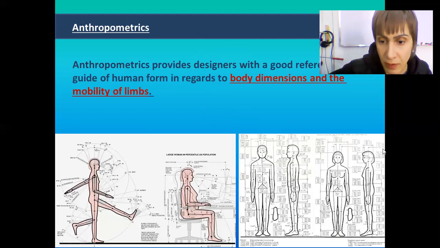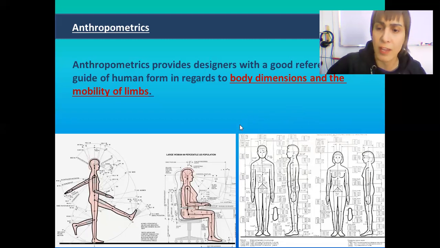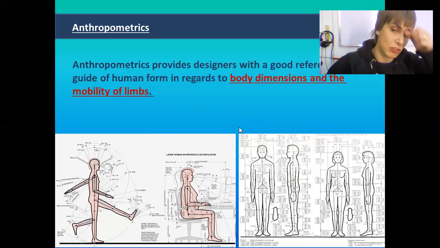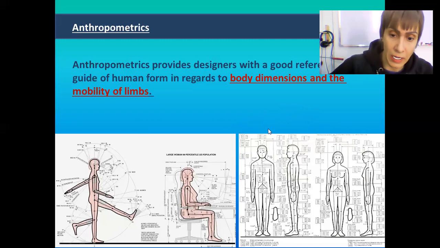So here we can see in the pictures, for example, this image. It shows the human body. Here we have a male and here we have a female, from the front and from the side view. And as you can see, a lot of measurements. Every body part is measured. Now, this is a human body in static position, non-moving.